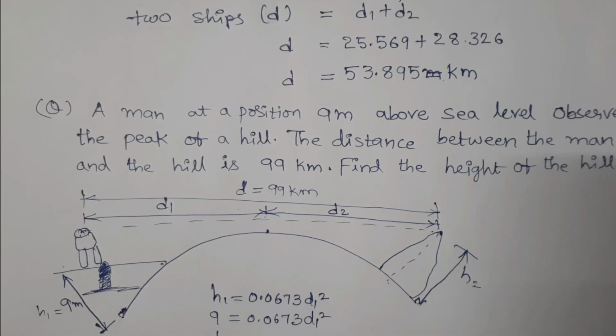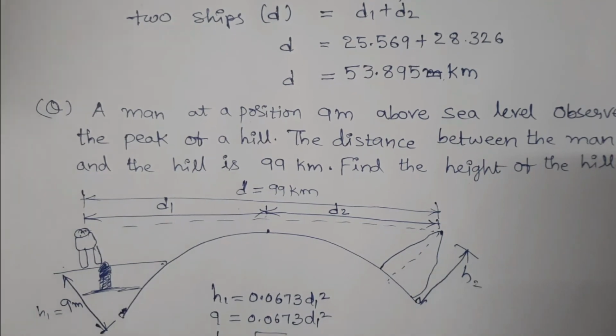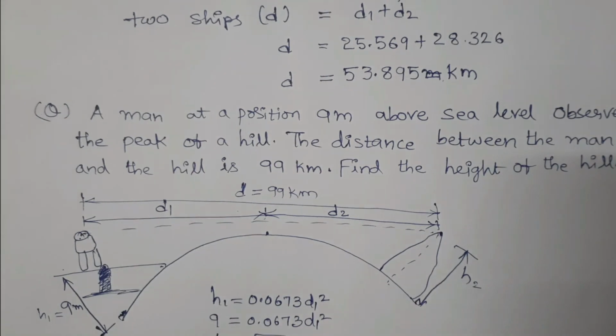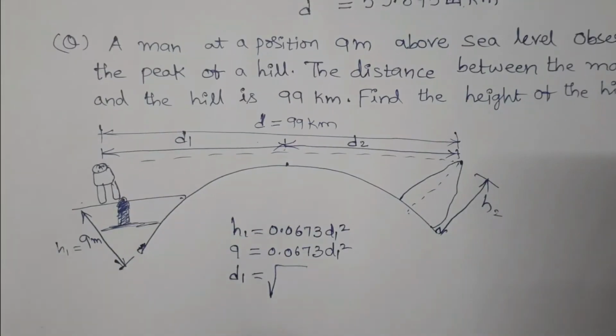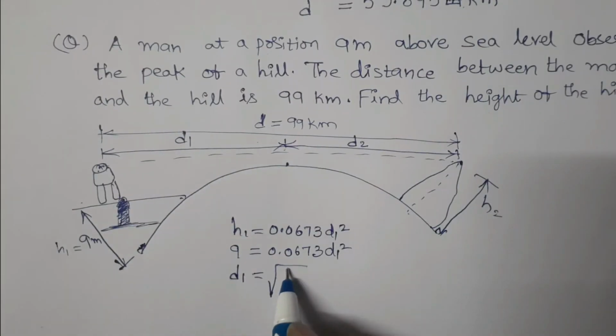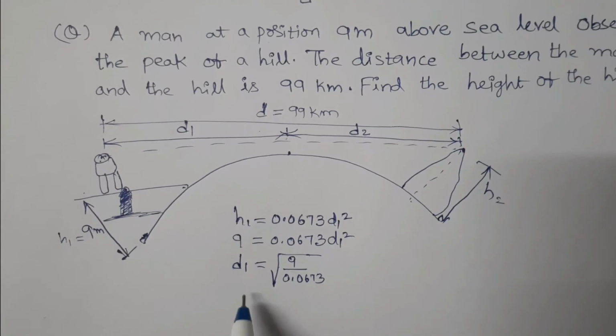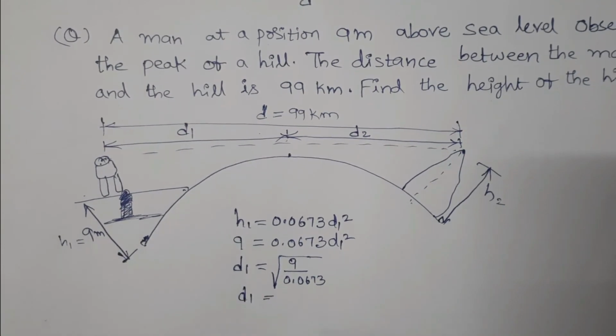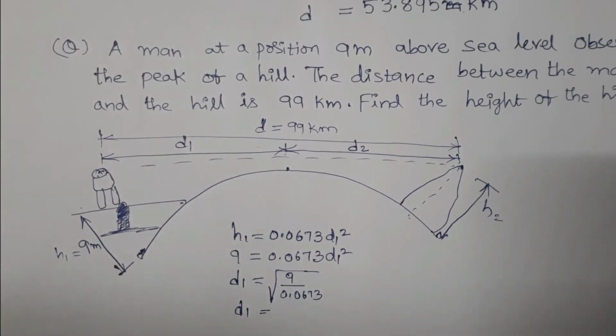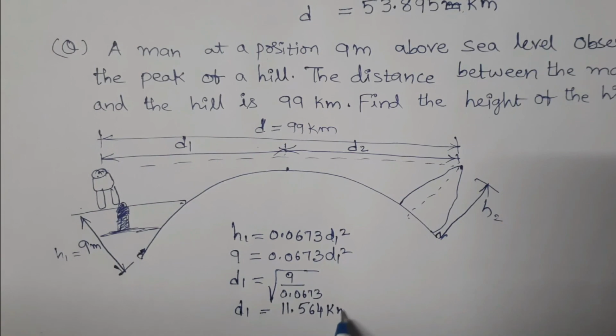We can get d1, 9 divided by 0.0673. d1 is equal to 11.564 kilometers.